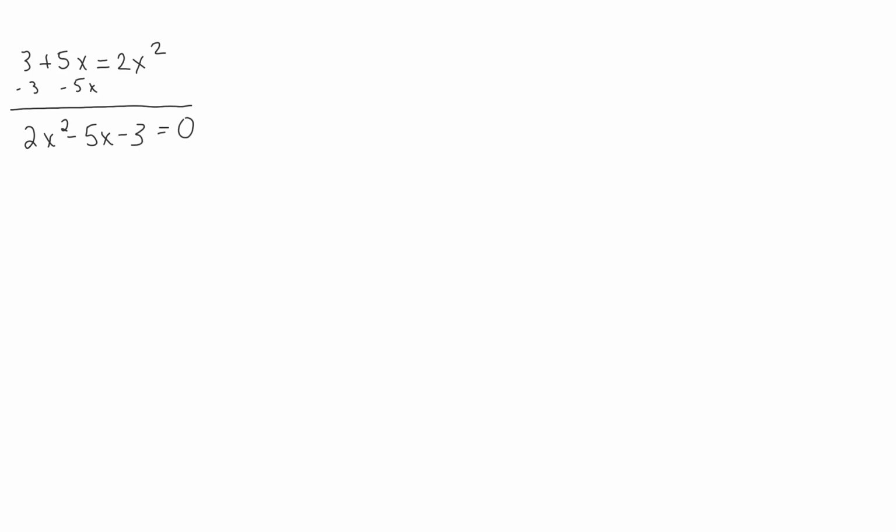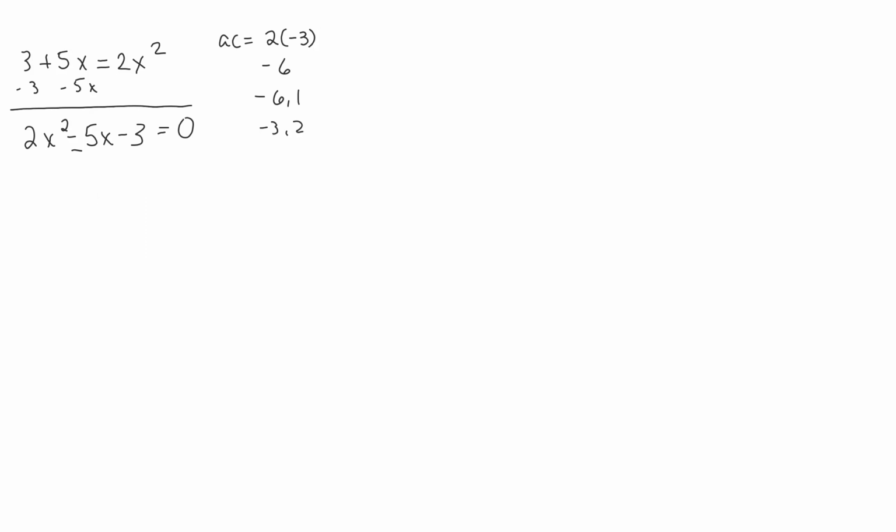All right, so the coefficient on the squared term is not 1. So we do have to do the AC method. So A times C is 2 times -3 or -6. So now I want factors of -6, and here's the deal. They have to have different signs, and I want the larger factor to be the negative. So I could use -6 and 1 or -3 and 2.